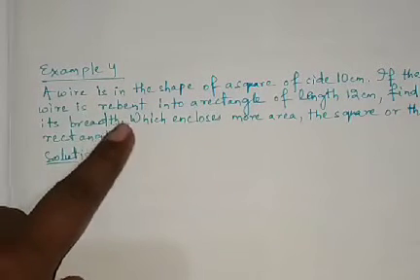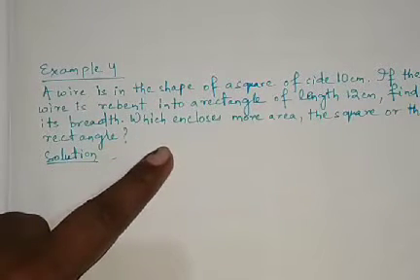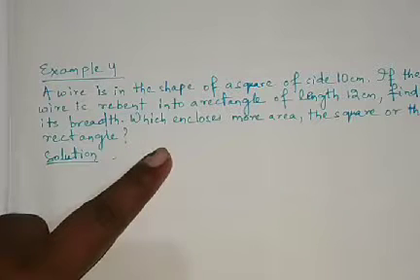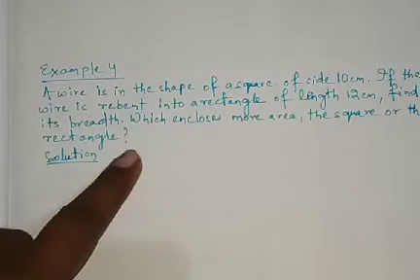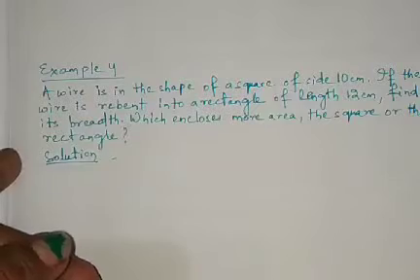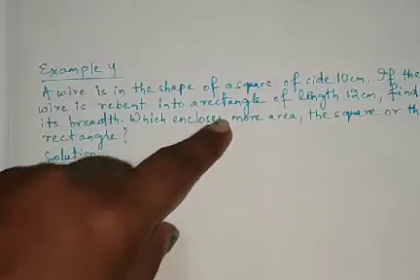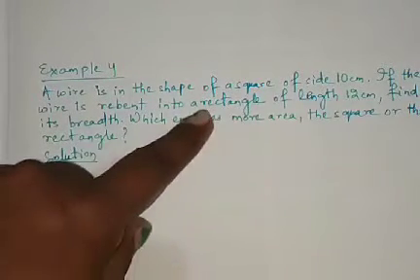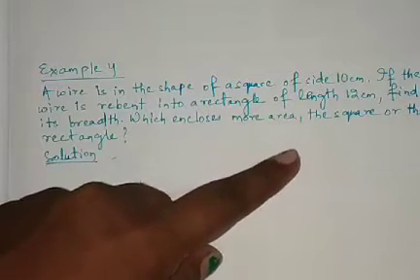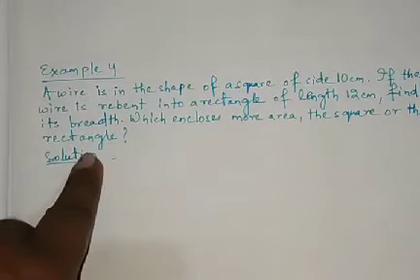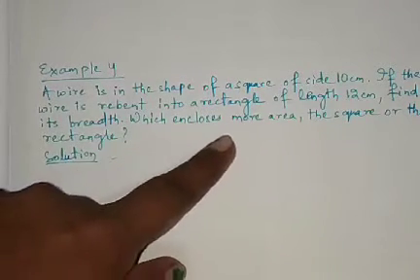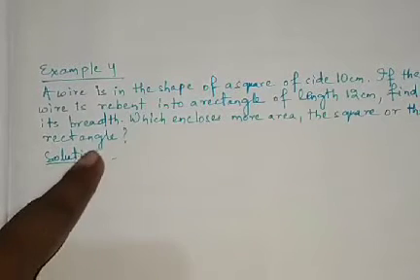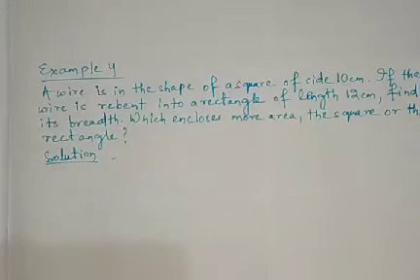A wire is in the shape of a square of side 10 centimeter. If the wire is rebent, means reshaped, into a rectangle of length 12 centimeter, find its breadth. Which encloses more area, the square or rectangle? Let's see. So what you will do here? First you will find out the square.